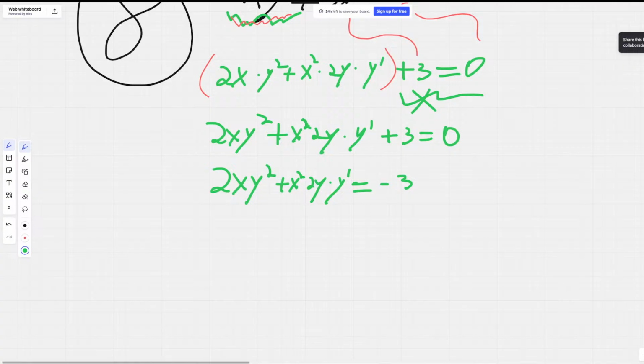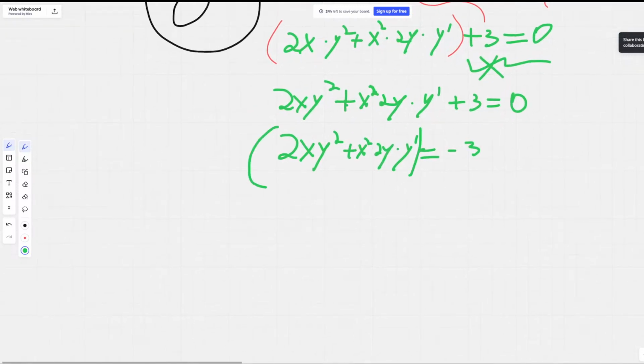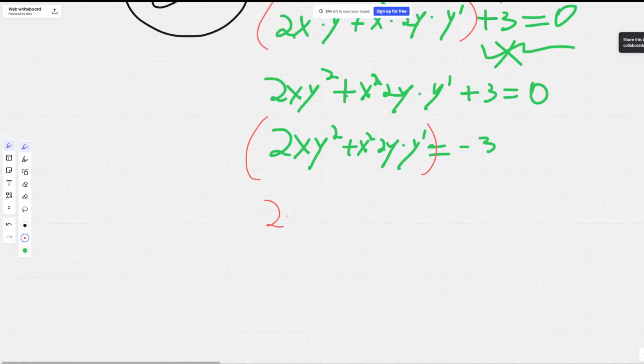And then pull out an x, and pull out a y. Because, realistically, everything here is 2 times x times y squared plus x squared times 2 times y prime.